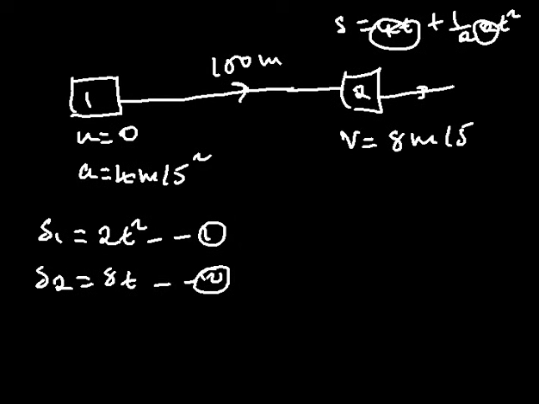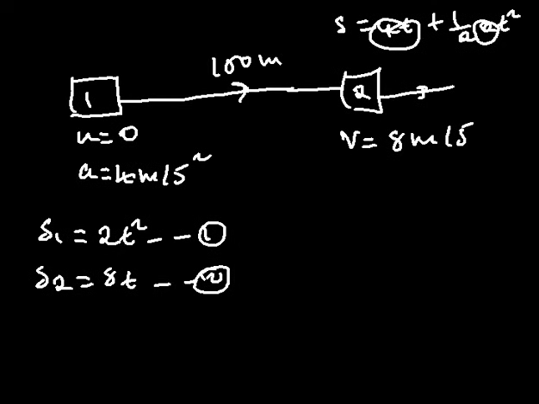Now you should understand that in order for object 1 to overtake or catch object 2, first it must cover the distance it is behind, and then it must cover the distance object 2 traveled while object 1 was traveling.